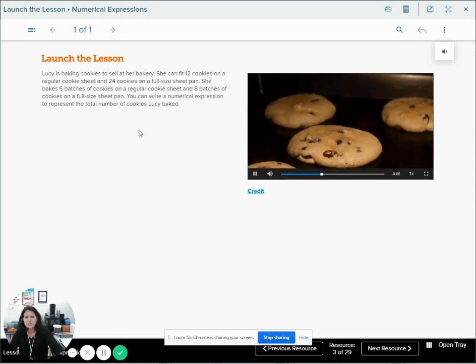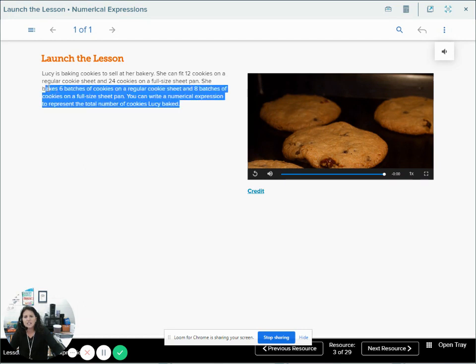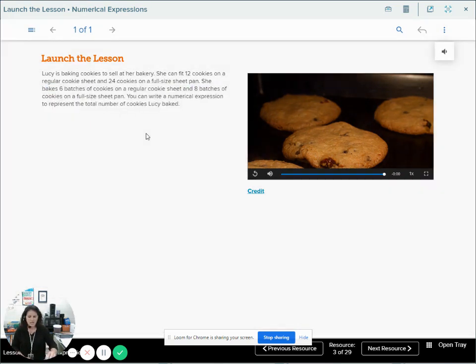So we've got these cookies over here baking. She can fit 12 on a regular sheet and 24 on a full size. So if she bakes 6 batches on a regular cookie sheet, I have to write this down as I go. I don't have paper here. Here we go. So she can fit 12 on a regular, and she does 6 batches on a regular. So I know that's the same as 6 groups of 12, right? Then it says that she does 8 batches on a full-size sheet pan.